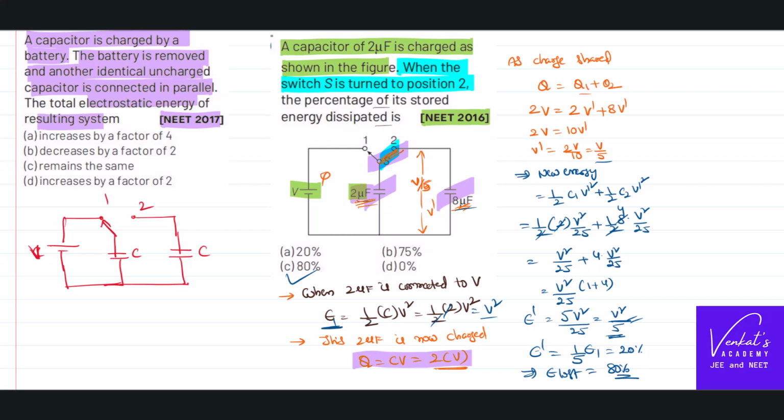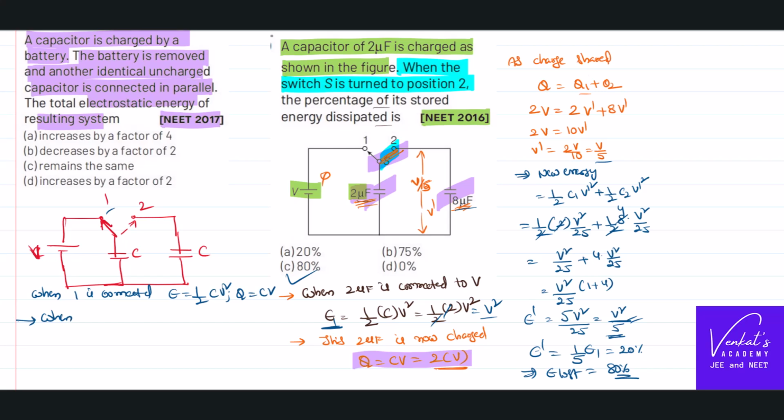He is saying first it is connected to 1 and charged, and then it is connected to 2. So what can I write? Let us write the same here. When 1 is connected, energy is half CV square, Q equal to CV.